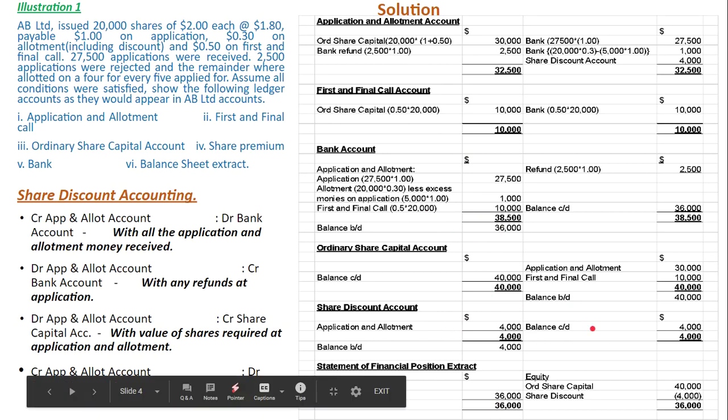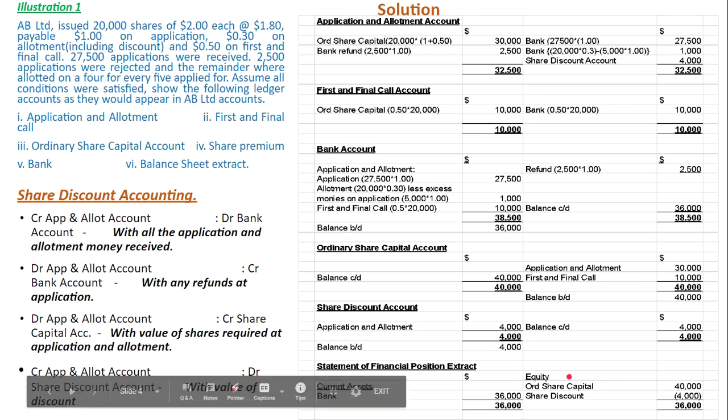On the credit side, we have the equity section where we have ordinary share capital of 40,000 and share discount of negative 4,000. Share discount, you will notice that in our ledger accounts, it has a debit balance of 4,000, but in the statement of financial position, we have recorded it on the equity side, representing a capital loss.